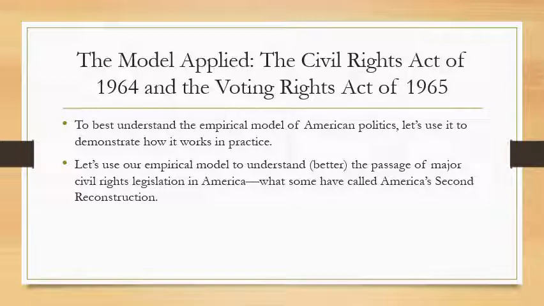So that demonstration in this case is going to be, as we develop this model, we're going to apply it to a major event that takes place in 1964 and 1965, the Civil Rights Act of 1964 and the Voting Rights Act of 1965. This is a major change in American politics, what some have called a civil rights revolution. Others have called it America's second Reconstruction. And I'll talk about why it's called that in subsequent slides.